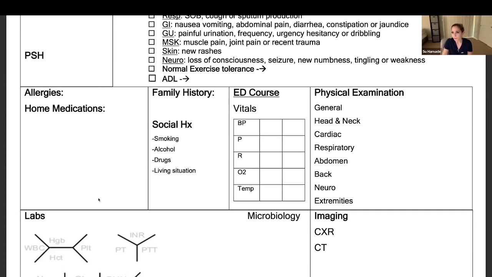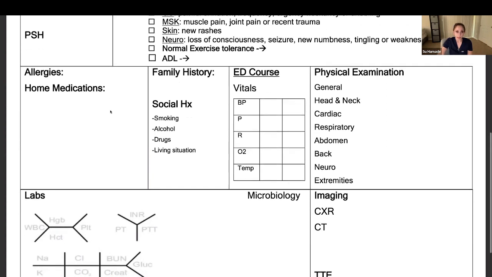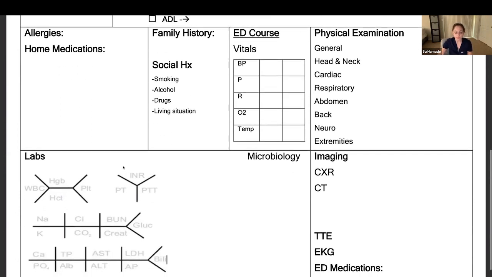And so then you've just done your med recon. This is a little bit trickier when someone's maybe altered or coming from a skilled nursing facility, or maybe their medications are not up to date. Then you will have to call the skilled nursing facility or family members to really verify this information.